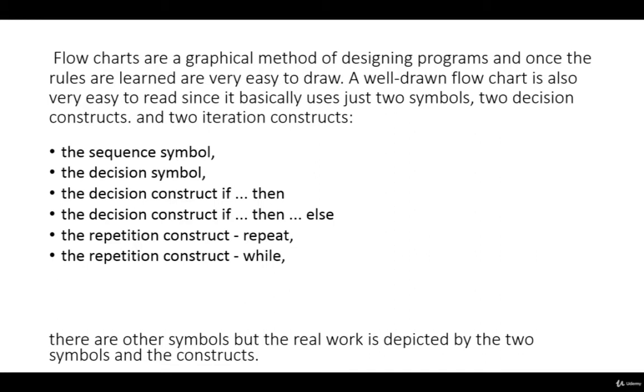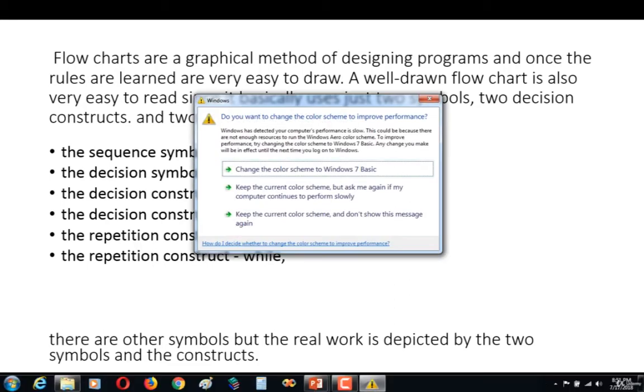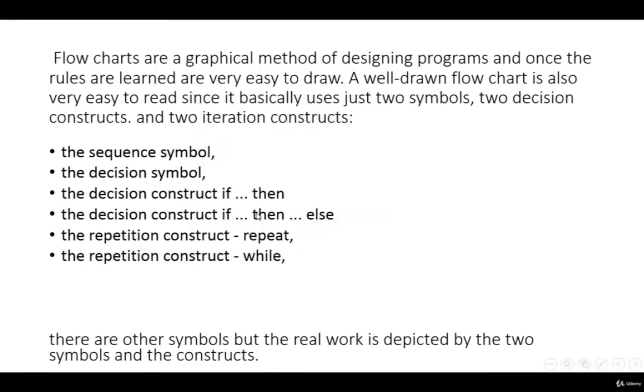It contains the sequence symbol, the decision symbol, the decision construct if-then, the decision construct if-then-else, the repetition construct repeat, and the repetition construct while. There are other symbols, but the real work is depicted by these symbols and constructs.